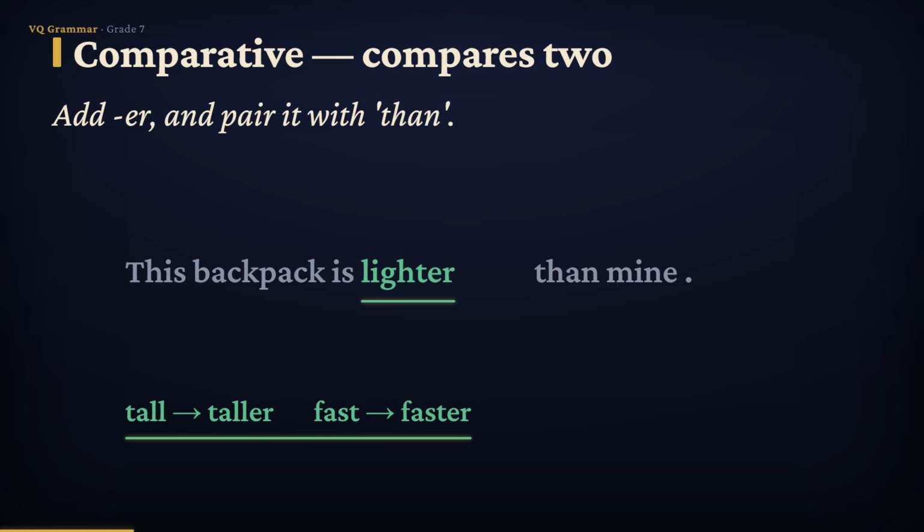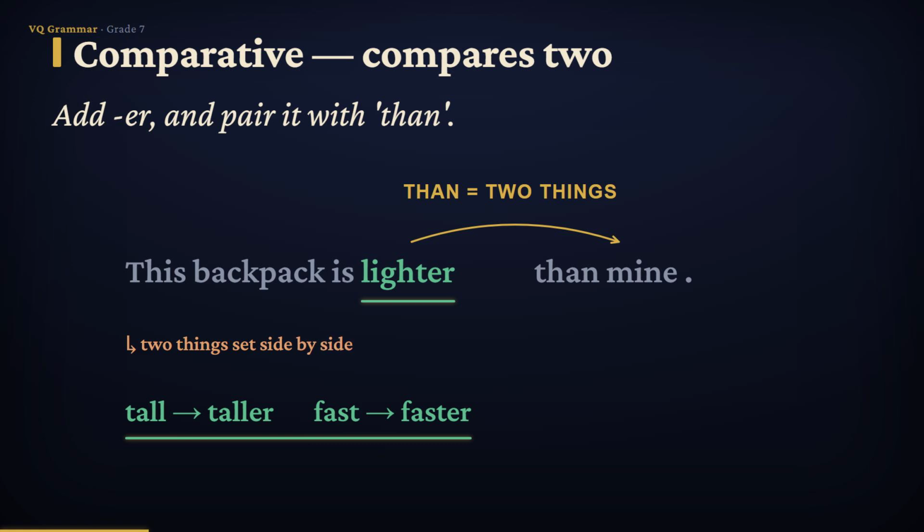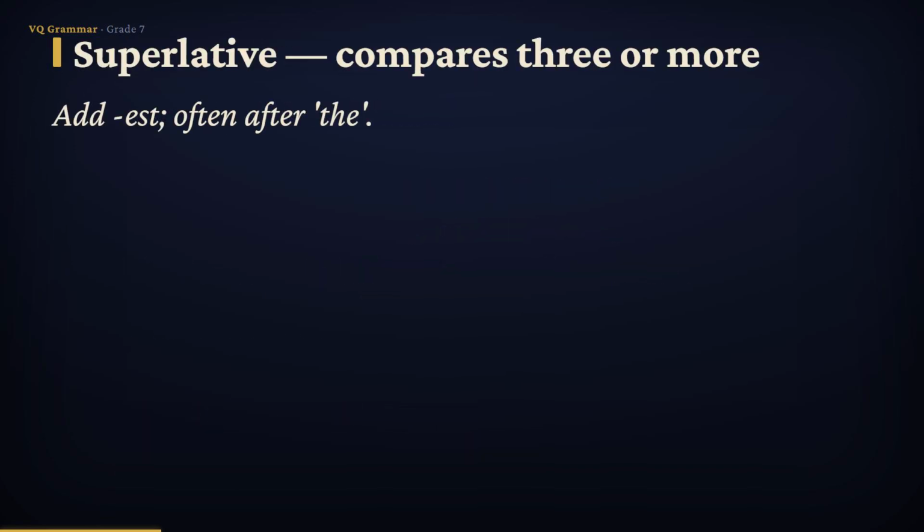Fast becomes faster. And notice the little word than. It almost always shows up with a comparative because you're setting one thing beside another. Two things, the -er form, and than.